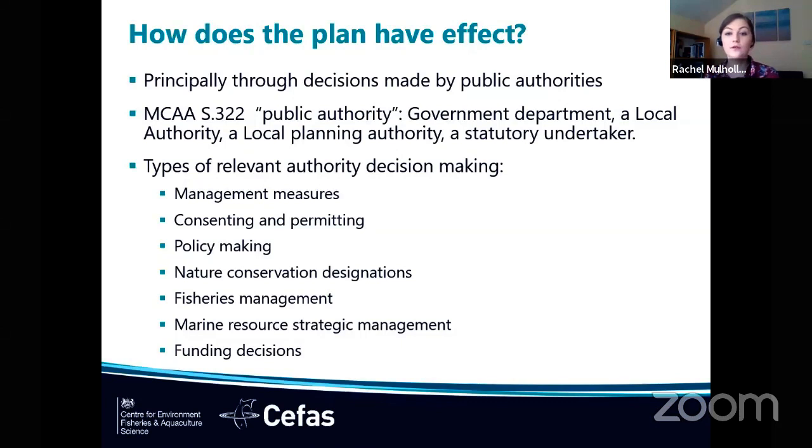Can also include decisions on fisheries management, such as setting or altering maximum sustainable yield, or fishing quotas for different fish species, all of which will impact the marine environment.